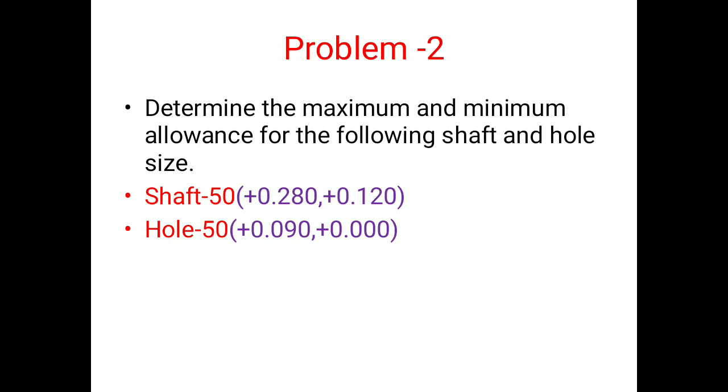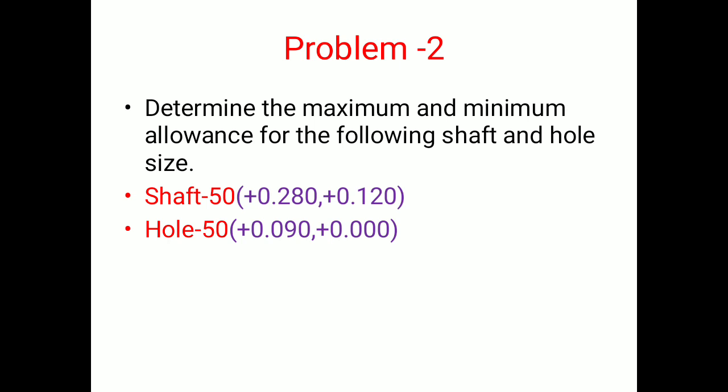In this problem, we have to find the maximum and minimum allowance for the following shaft and hole size. Here in this question, the basic size for both the shaft and the hole is 50 mm. The maximum size of the shaft will be equal to 50 plus 0.28, whereas the minimum size for the shaft will be equal to 50 plus 0.12, that is 50.12.